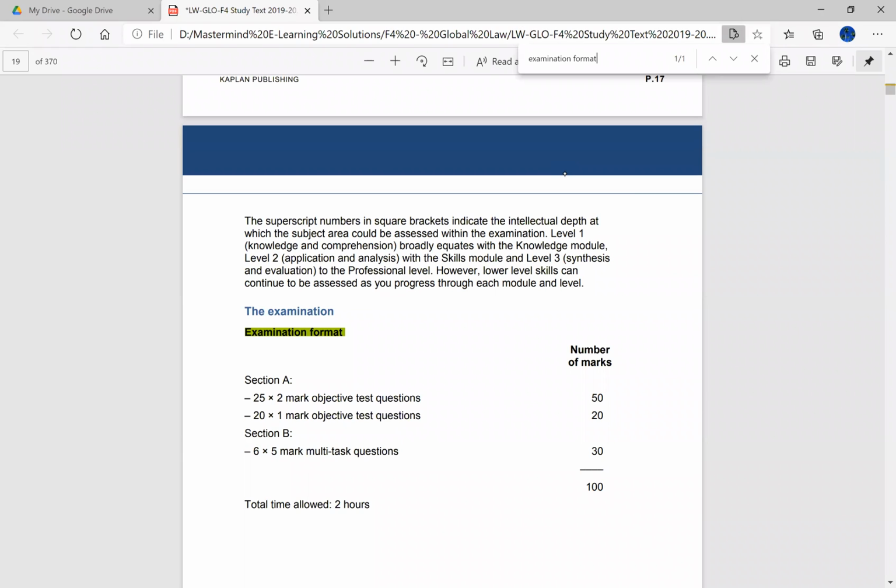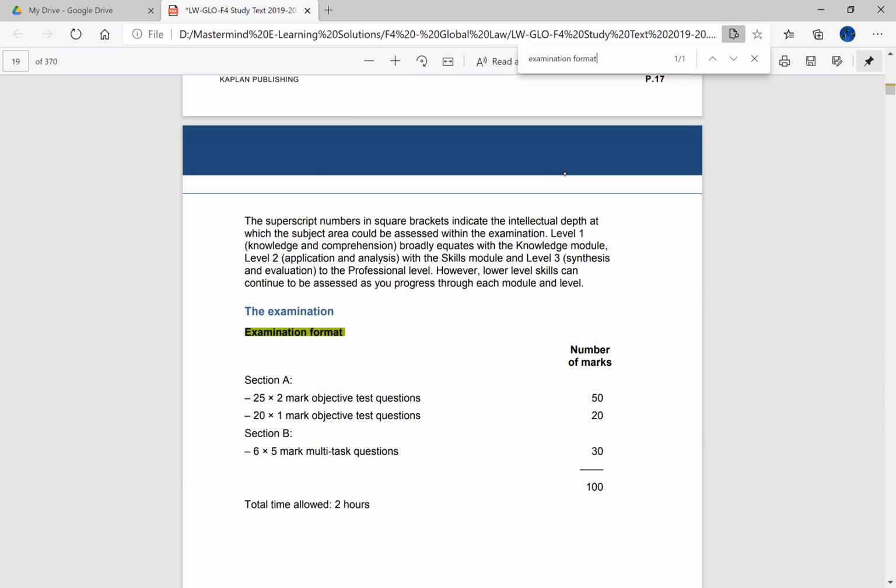Also, your F4 paper is an on-demand CBE paper, computer-based examination, but on demand. You can give it any month. It is not like F5 to F9 where you have to wait for another 3 months and then you can give your exam. No, you can give it any month. As soon as you're prepared, you can go and give your paper.